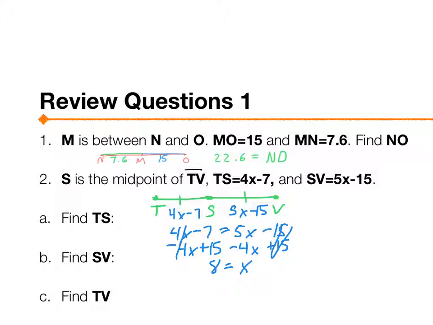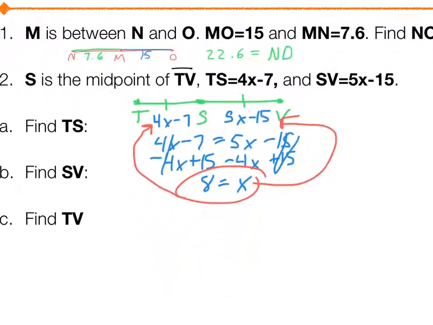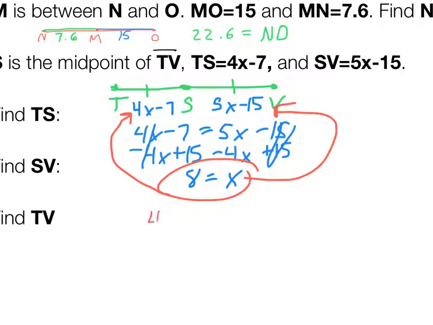So now we can take this and plug it back into each equation. So 4 times 8 minus 7 is, what's 4 times 8? 32.